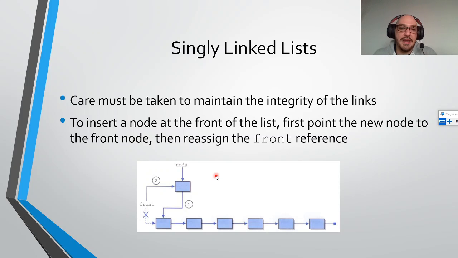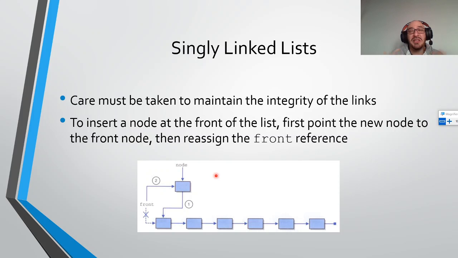So why are these structures so useful? Suppose you wanted to add a new element to the list, and remember, in a list the order is important. If you want to add a new element at the front of the list, this is very easily achievable. In the case of the array list, I need to put it in the first position, but whoever was in the first position has to go to the second, whoever was in the second goes to the third, whoever was in the third goes to the fourth, and so on.